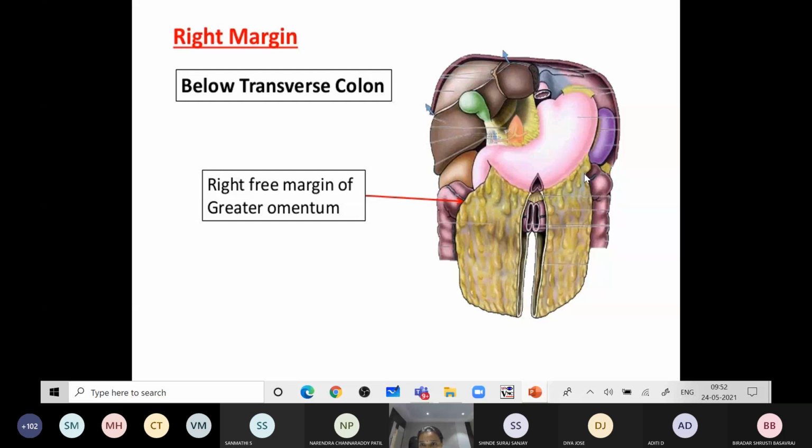So the left margin is completely sealed, whereas the right margin in the upper part is free. It is not attached behind to any structure. So when we pass a finger behind this, that is the epiploic foramen, through which the greater sac communicates with the lesser sac.